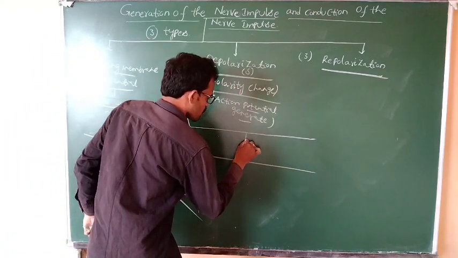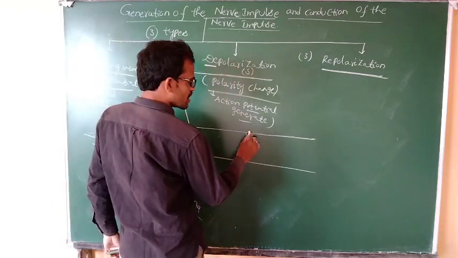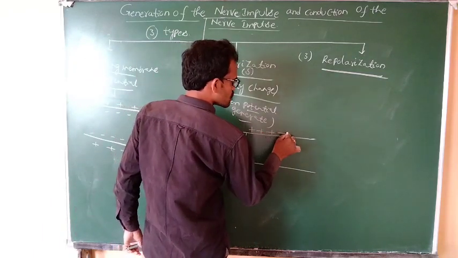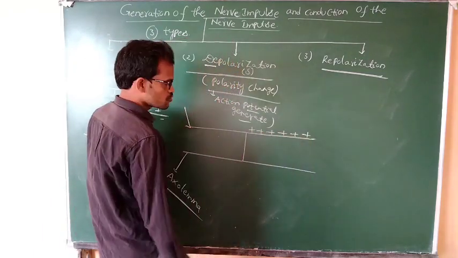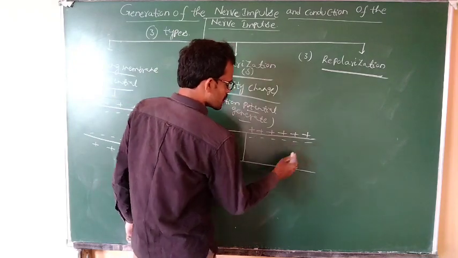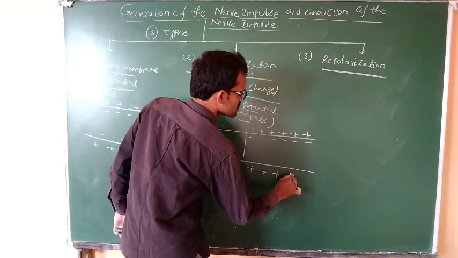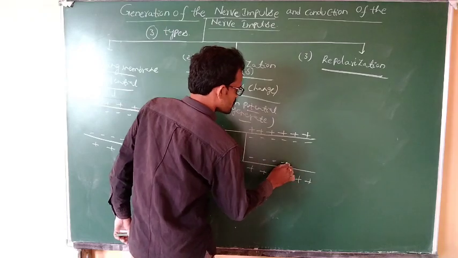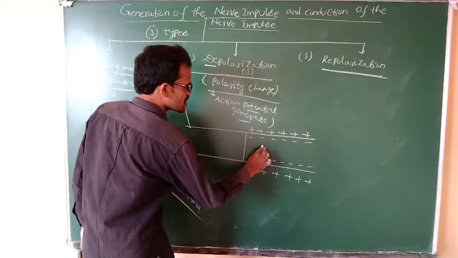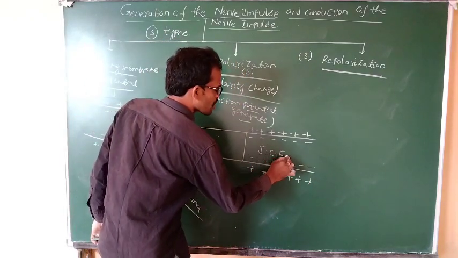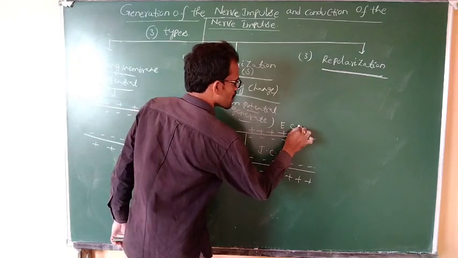The outer side is always positive charge and the inside negative charge, which is the extracellular fluid and intracellular fluid.